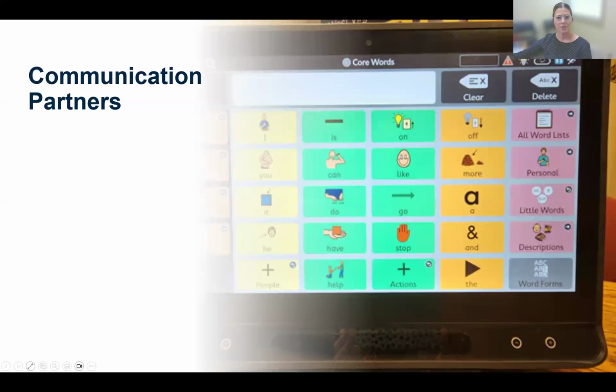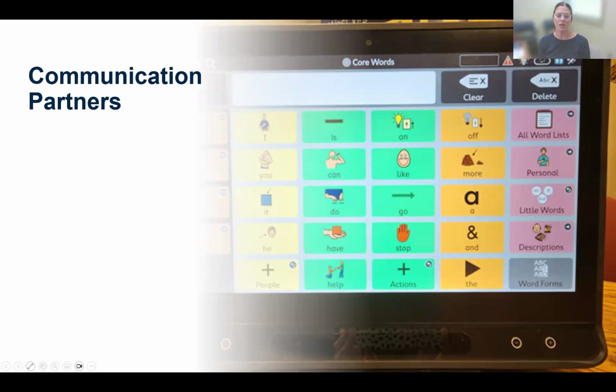All right. So now we're going to shift away from AAC information and background and move into communication partners and kind of tips and tricks in what to do in different environments. So communication partners, I like the term communication partners because it covers everyone that an AAC user could come into contact with. So who is a communication partner? Everybody.